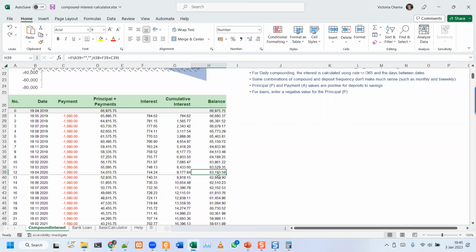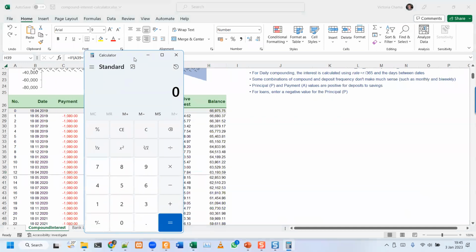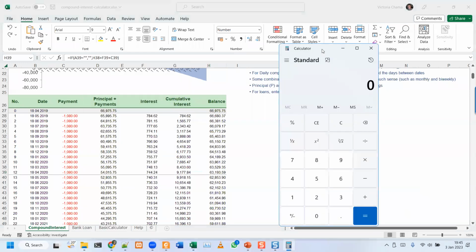Then the all glorious, wonderful thing that we love, compound interest, is factored in when we are doing investments. If this was the case, this is what would have happened in a very bad scenario. The system would say, okay, as of December, the first 12 months, this student has a 63,192.59 balance.